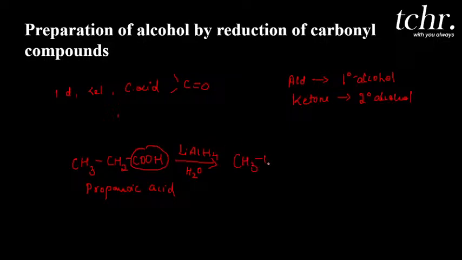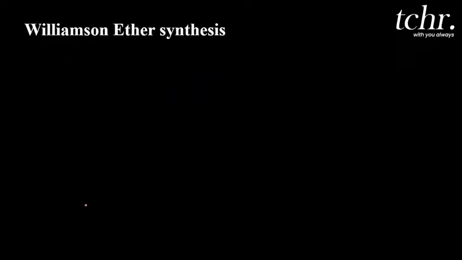That is, we will get the product CH3CH2CH2OH. From propanoic acid, what we get will be propanol, the reduction of the carboxylic acid functional group to alcohol. So yes, we can convert aldehydes and carboxylic acids to primary alcohols and ketones to secondary alcohols. A very simple method of preparation of alcohol, right?